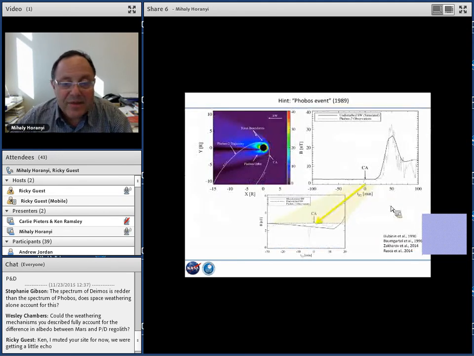That is, of course, a prediction. I do not have any direct observation. There was a hint a long time ago in the Phobos event of 1989.